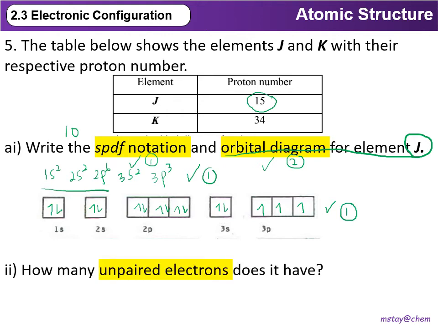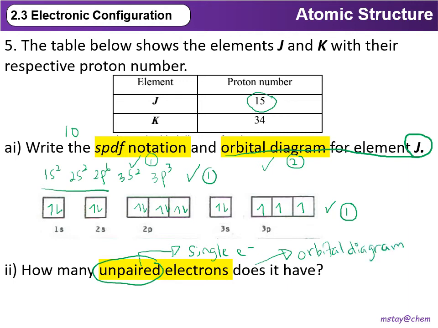Followed by question number 2, how many unpaired electrons? Unpaired electron means in the orbital there is only a single electron. When we want to answer this kind of question, it will be better to draw the orbital diagram so that we can see it very clearly.